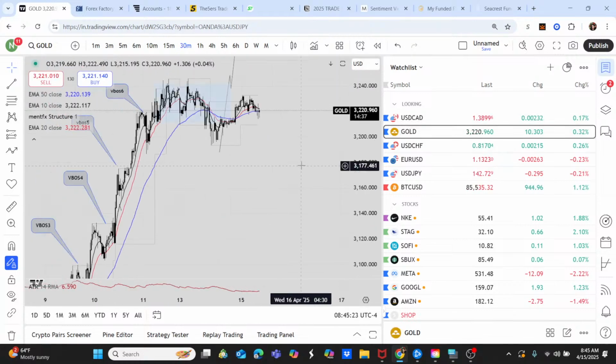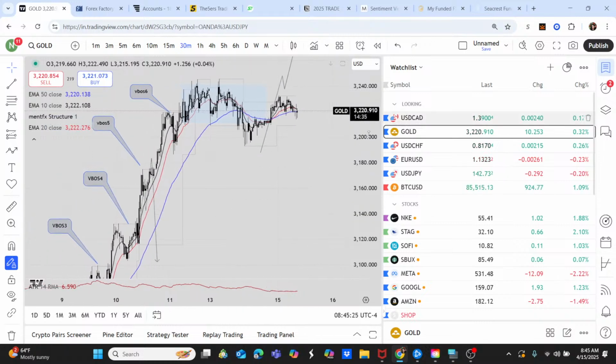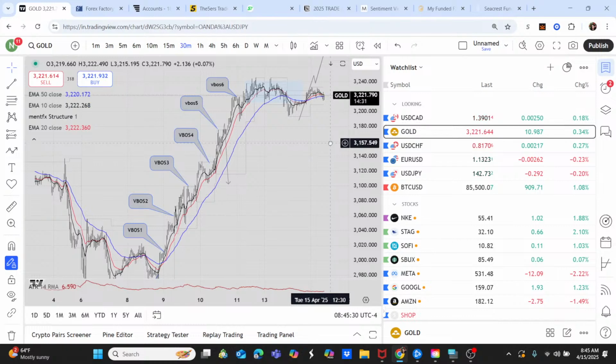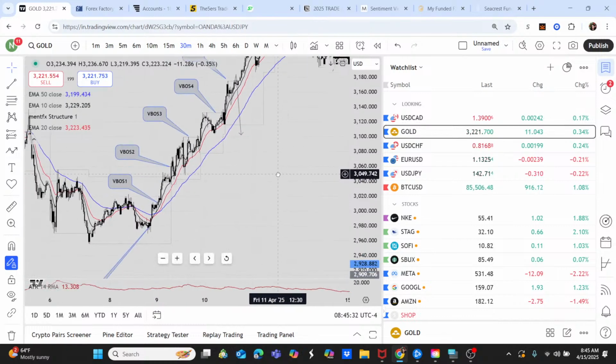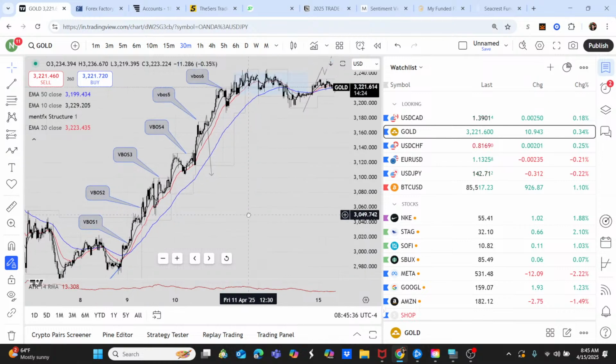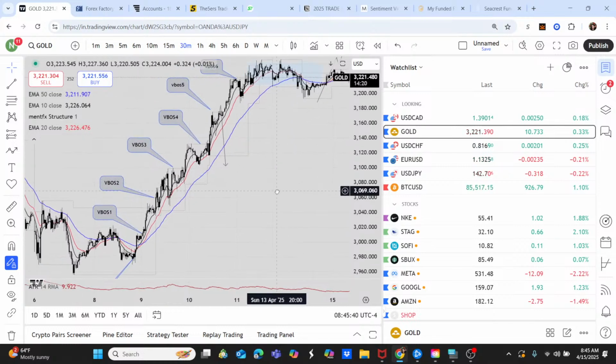Let me see what gold is doing. So last week, I predicted gold, but I didn't get any trades for my funded accounts for gold. I only took one trade for a challenge account, but I don't really count that.